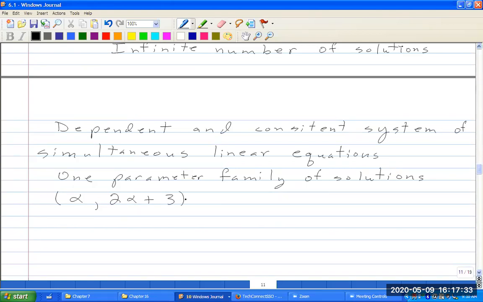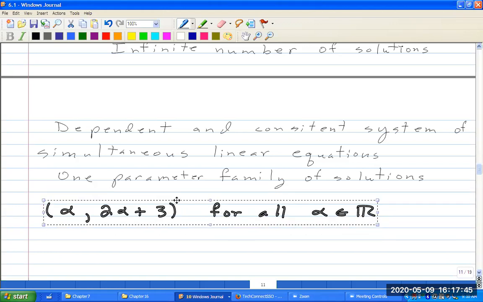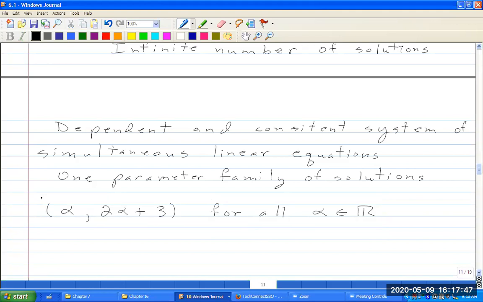And then 2 alpha plus 3, for all real numbers alpha. This is my solution to this system. It is a one-parameter family of solutions.